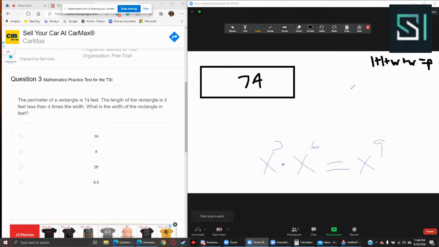The length of a rectangle. So L equals 3 feet less than 4 times the width. How do you write that in terms of math, translating this into an expression?